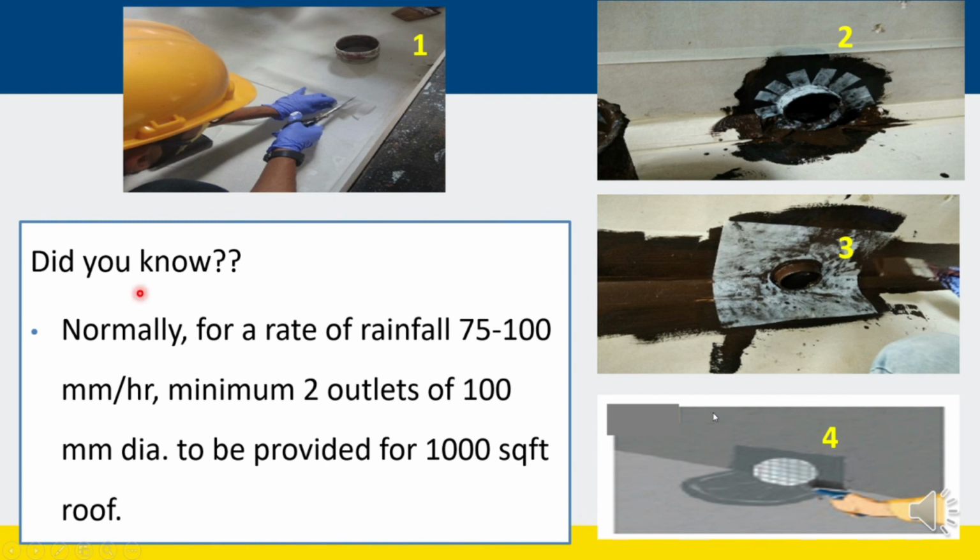This is a thumb rule which will help you: in short, if you have 1000 square feet of roof, at least 2 rain outlets of 100 mm dia should be there. You can follow this thumb rule in your practical sites.